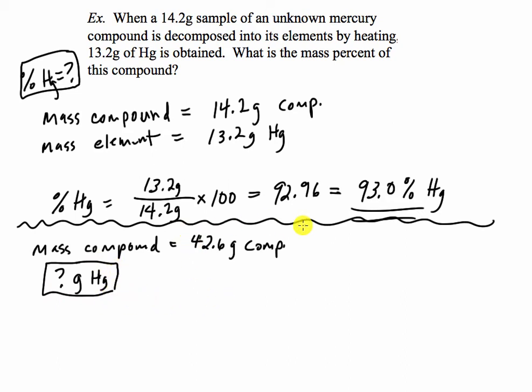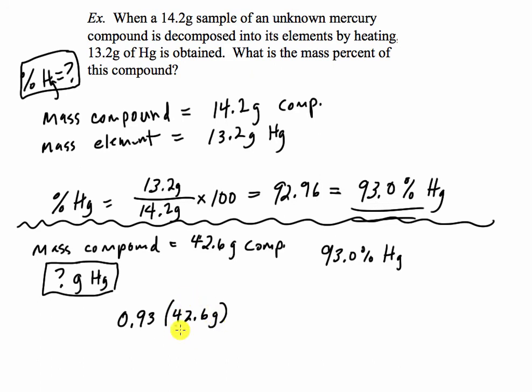Well, assuming that I'm talking about the same compound, as I said before, this percentage is always true. This compound, whatever it happens to be, is always going to be 93.0% mercury. So I'm going to take 93% of this mass. I'm going to take 0.93, because I got to get rid of the percentage, and multiply that by 42.6 grams.